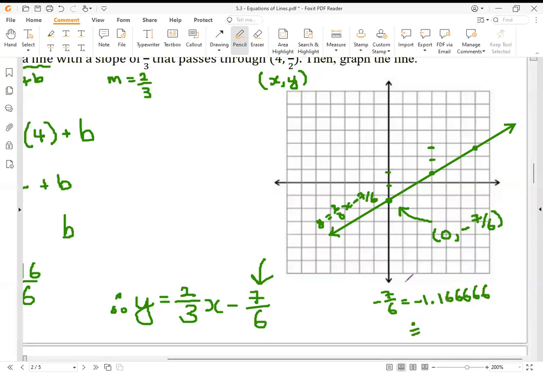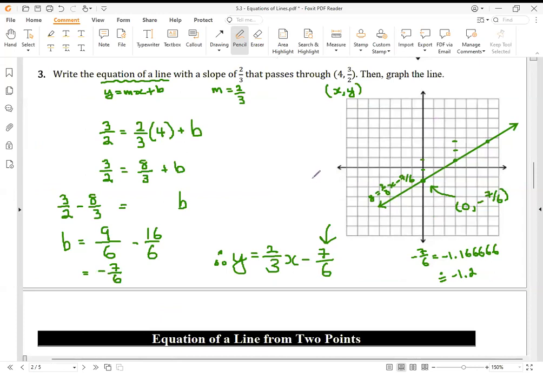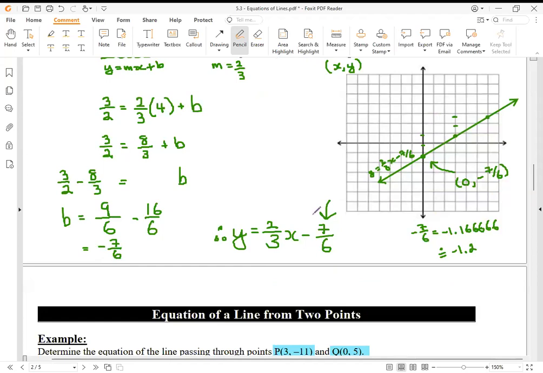So on my graph, I tried to draw approximately 1.2. It doesn't look very good though, but that's okay. And then I did rise of 2, run of 3, rise of 2, run of 3. Okay, everyone, that's it.